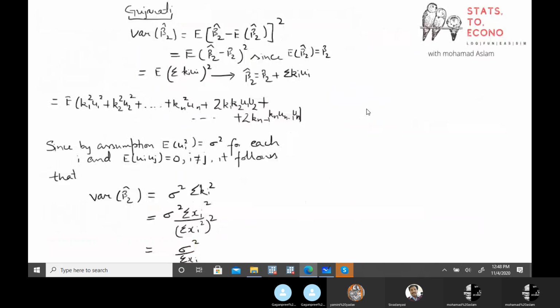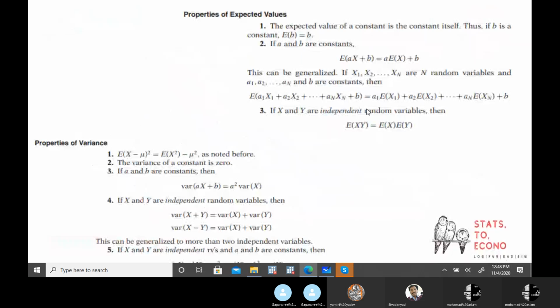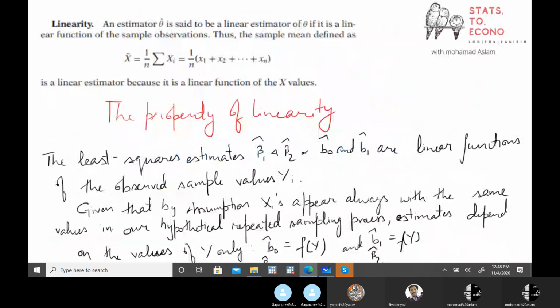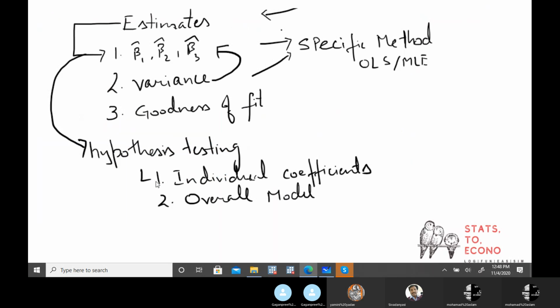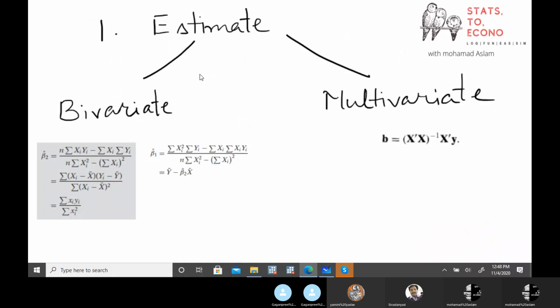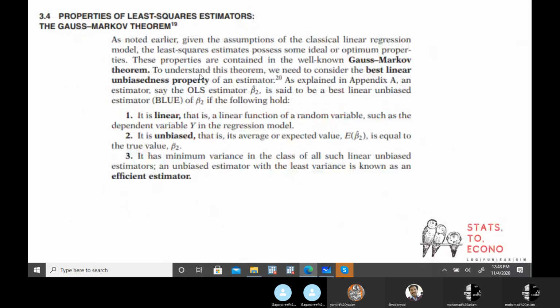So just keep in mind that so far today, because otherwise it will be too much for one day. First we did the linearity, then unbiased, but I only explained it today with the slope coefficient. I'll give you that derivation for the intercept coefficient too. And for the minimum variance, first we need the variance formulas, and only then can we prove whether it is a minimum or not.